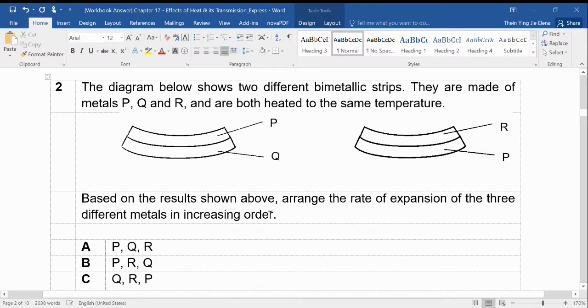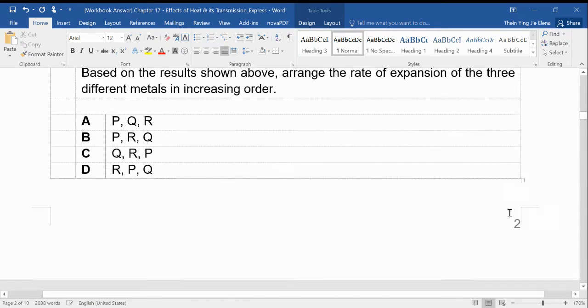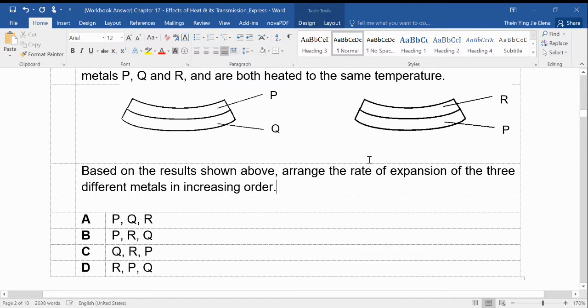So the order should be Q expands the most, followed by P, followed by R. So that's the order that it should be. Q, P, and R. Sorry, just now my computer hung. So let me just write here for you.